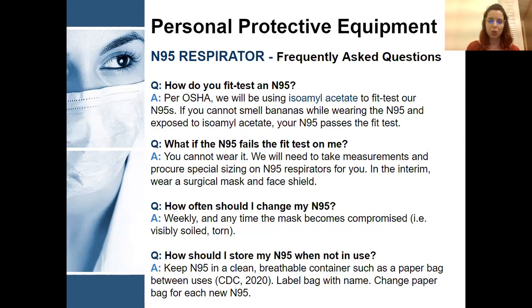How should I store my N95 when not in use? So you want to keep the N95 respirator in a clean, breathable container, such as a paper bag, in between uses. You want to label that bag with your name and change the bag for each new N95. You don't want to use a Ziploc bag because a Ziploc bag is not a breathable container.